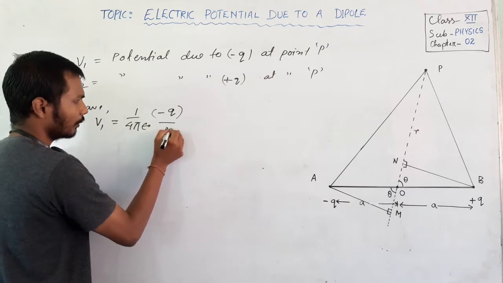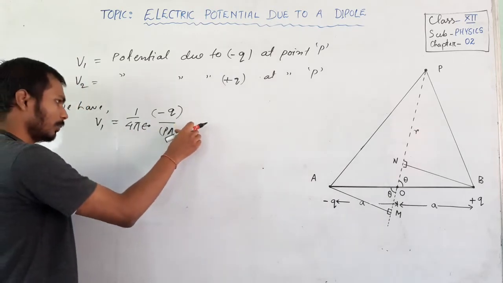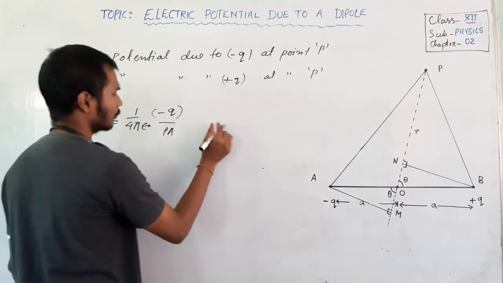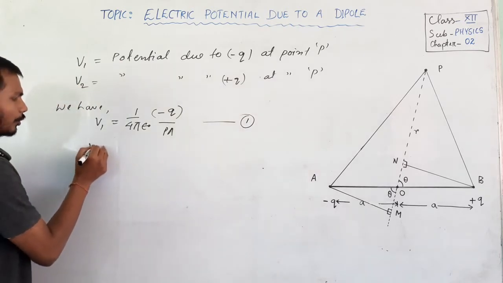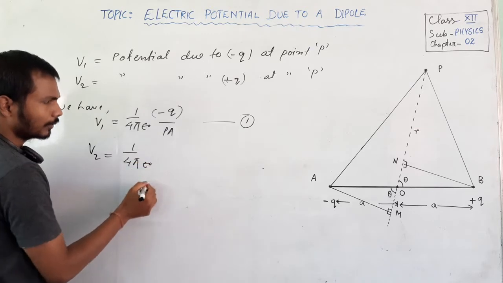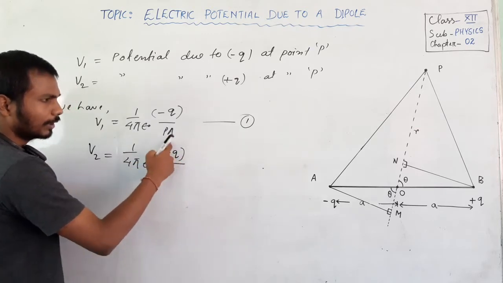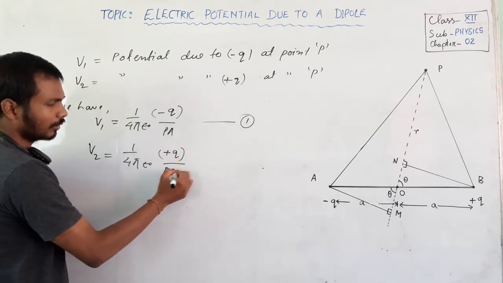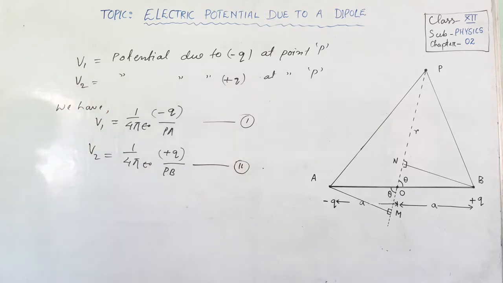Clear? This is equation 1. Similarly, find the value of V2. V2 will be equal to 1 by 4 pi epsilon naught times plus Q divided by the distance between P and B, that is PB. Equation 2.